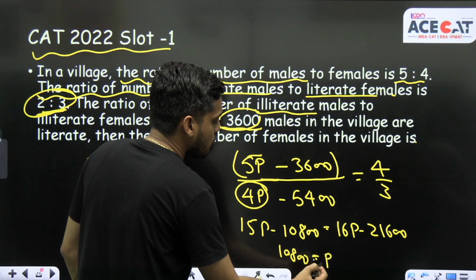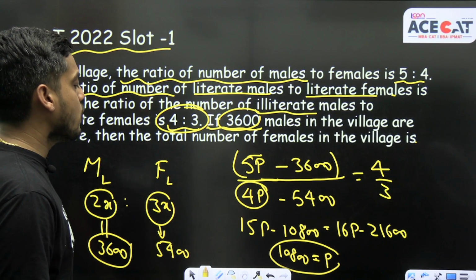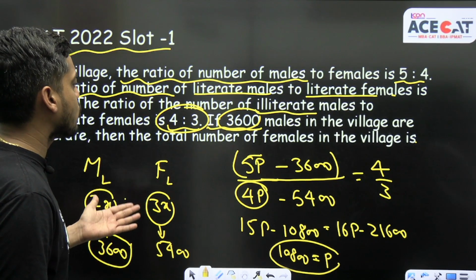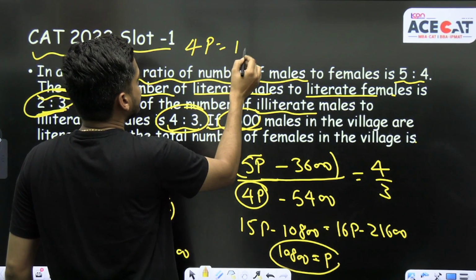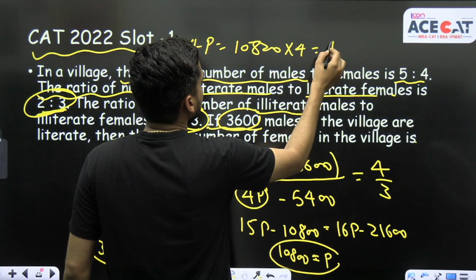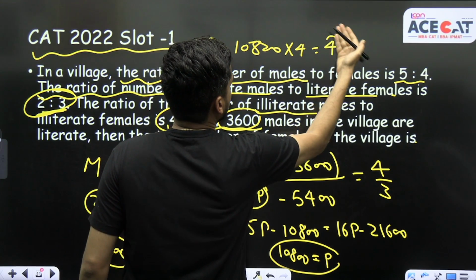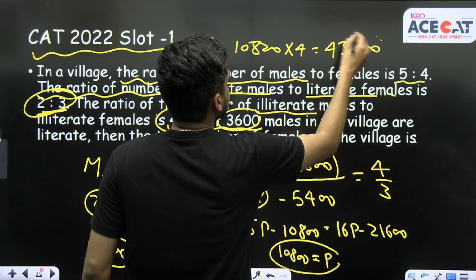So we know the value of p now. We know the value of p, and we have to find out the total number of females, that is 4p. So you will say, what is the value of 4p? 10,800 into 4. That will be equal to 43,200. 43,200 is the correct answer.